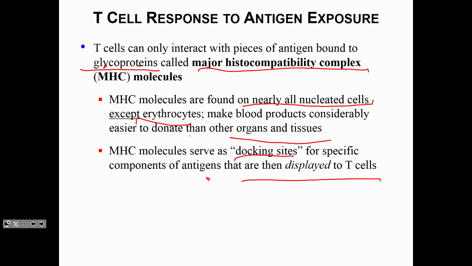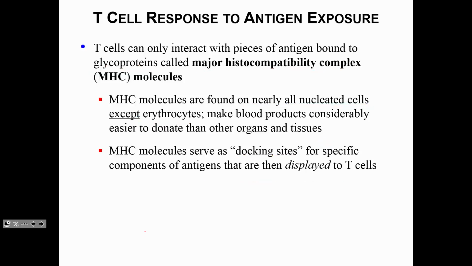These are all macrophages. Then the T cell comes by and can decide whether that's a self-antigen or a foreign antigen. If it's a self-antigen, nothing's going to happen. We don't react to self-antigens. If it's a foreign antigen, we do have a reaction. So that's how that works with the T cells.